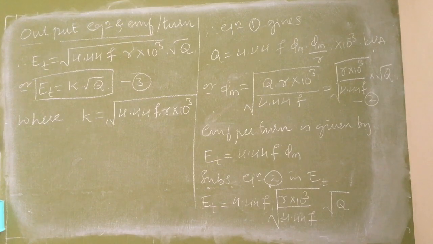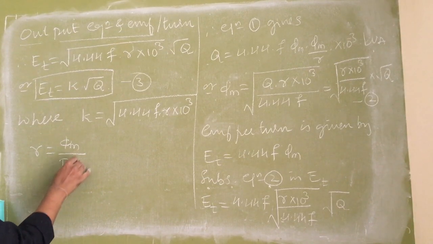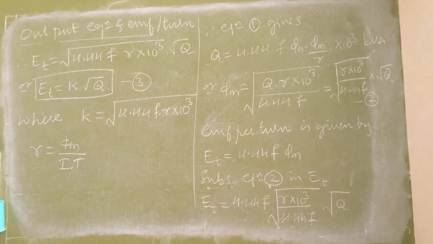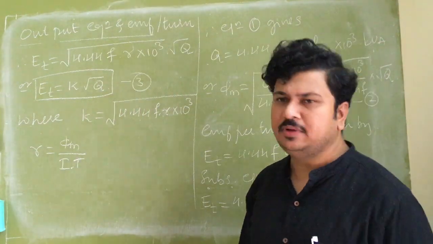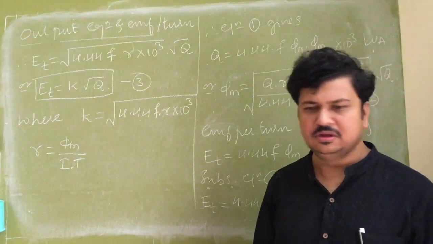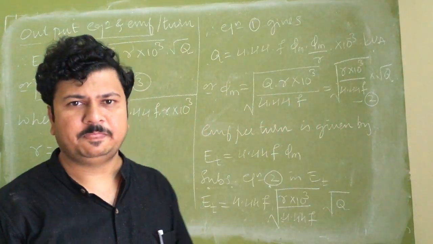Where R is phi m upon IT, and this ratio will be very small because the value of flux will be in milliwebers and the value of IT will be thousands of ampere turns.